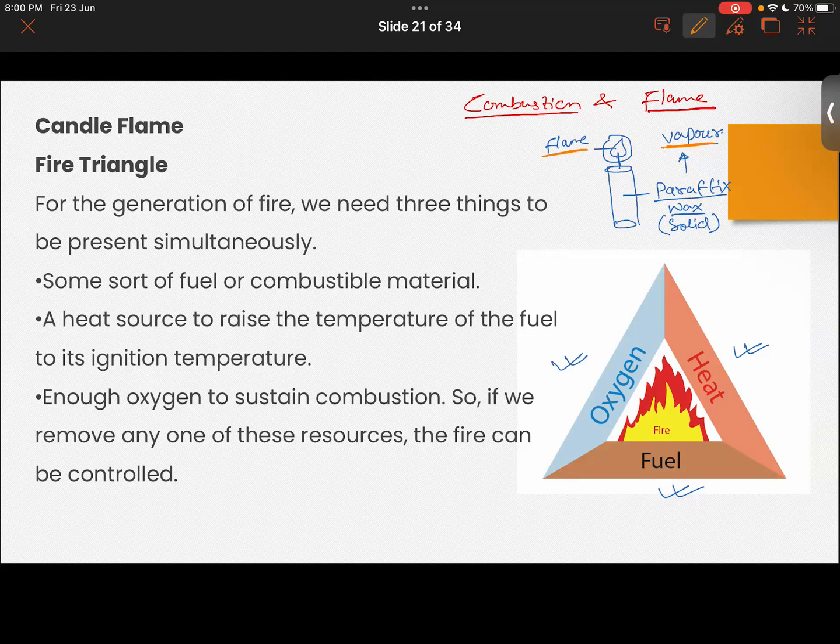For example, if you burn coal, does it give a flame? No. If you burn a candle and if you burn coal, coal just glows. Coal does not burn by producing a flame. It just glows. Right, guys?